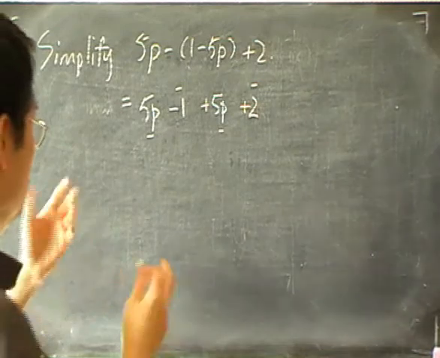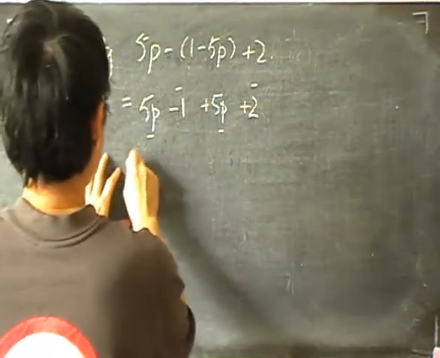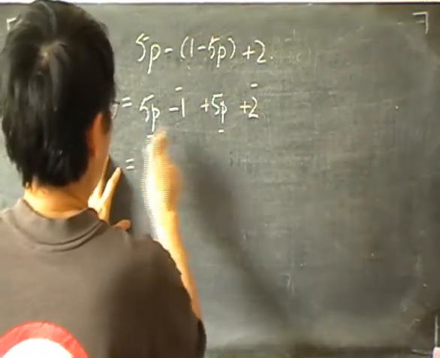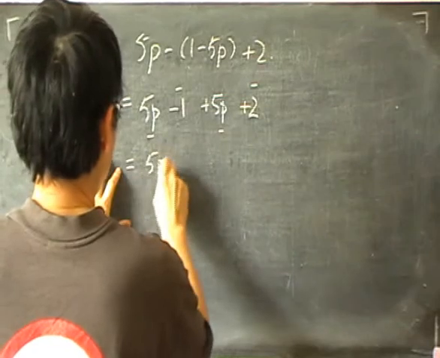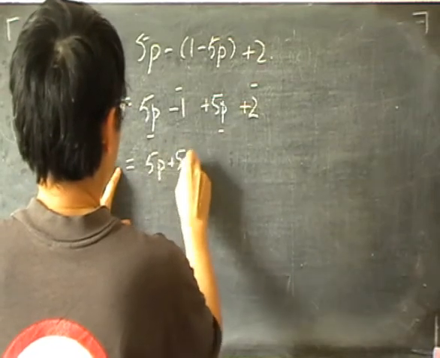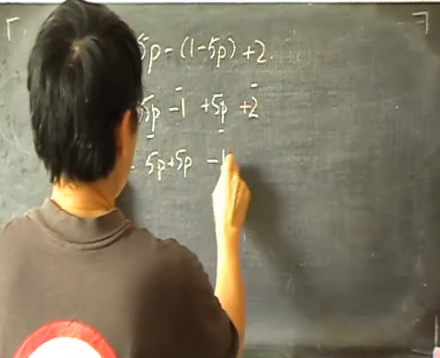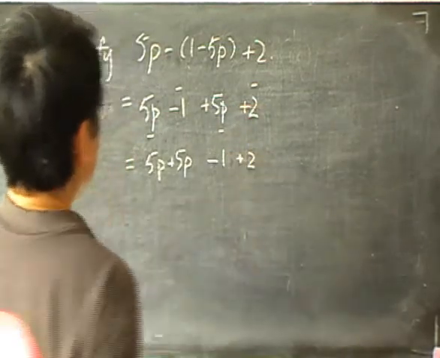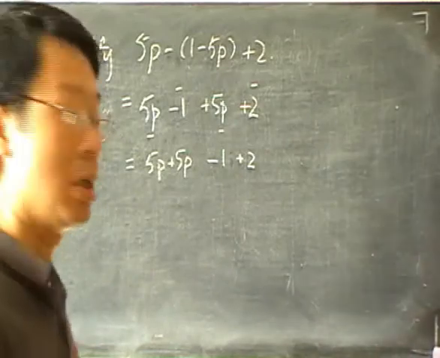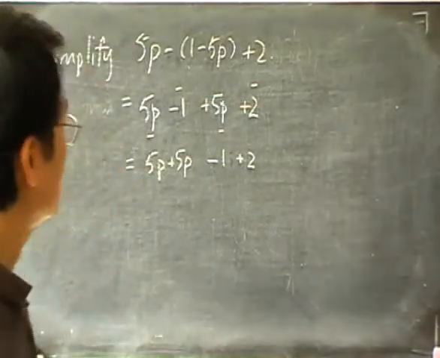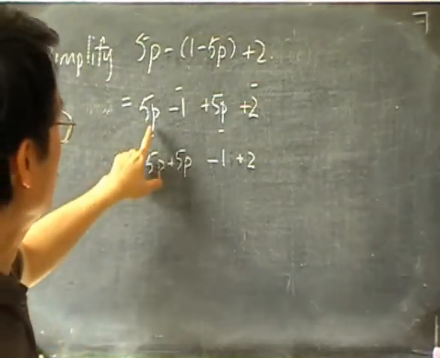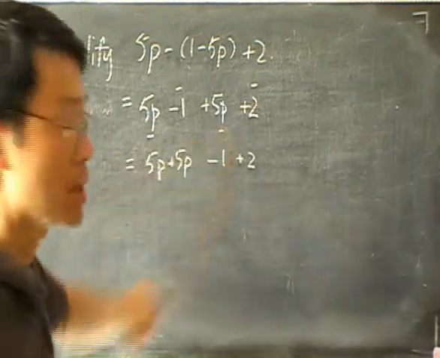Okay, I can rearrange them and write them as 5p plus 5p, just put them next to each other, and then minus 1 plus 2. This step is not really necessary. We can also just do it mentally.